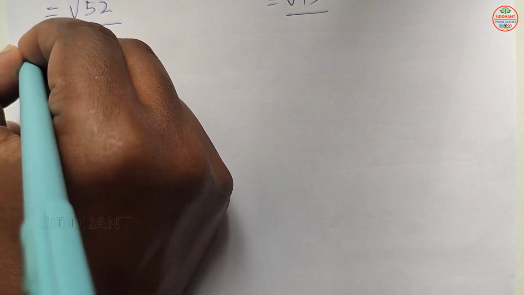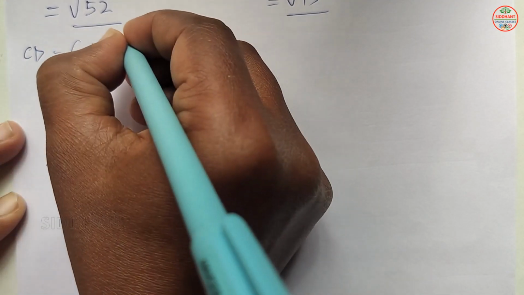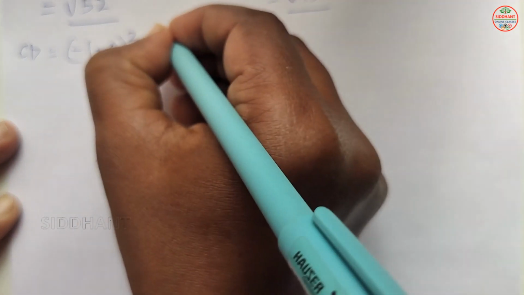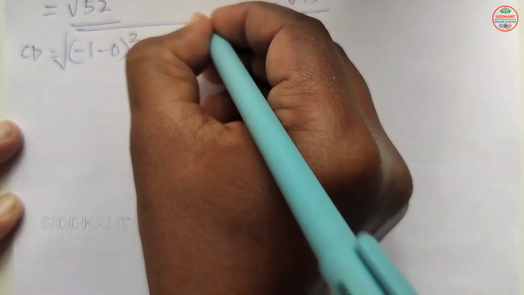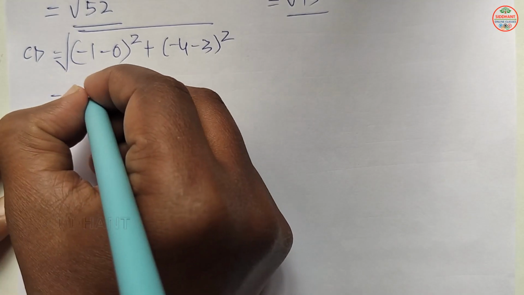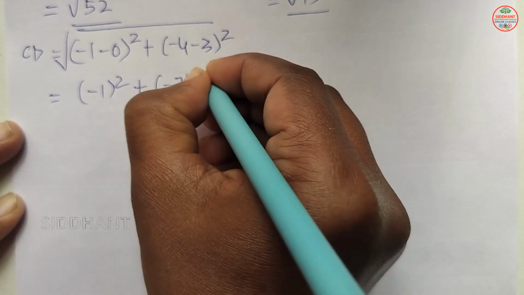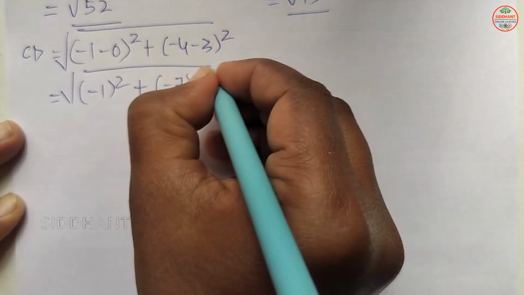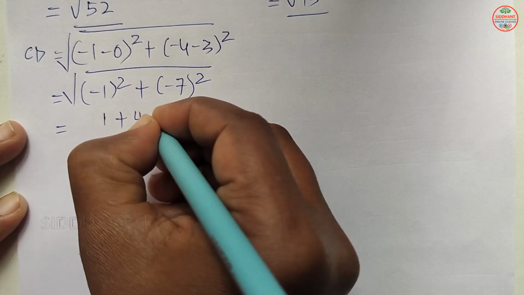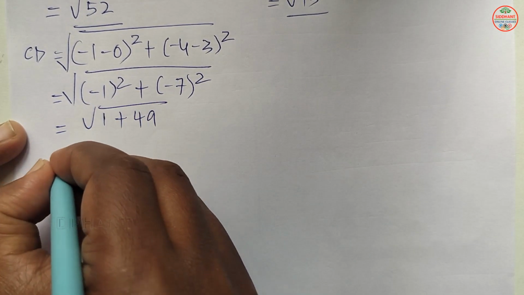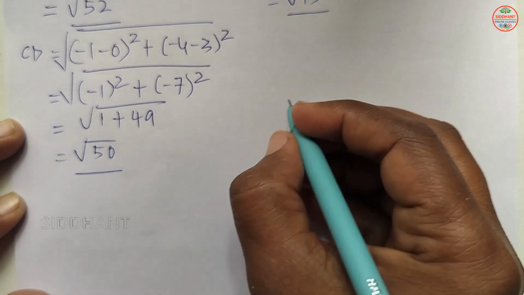Next CD, which is minus 1 minus 0 whole square plus minus 4 minus 3 whole square. So minus 1 whole square plus minus 7 whole square. That will be 1 plus 49, so that will be 50. Square root 50 is the CD.